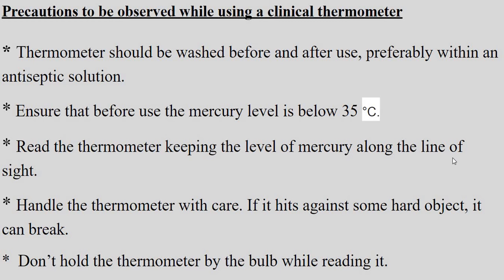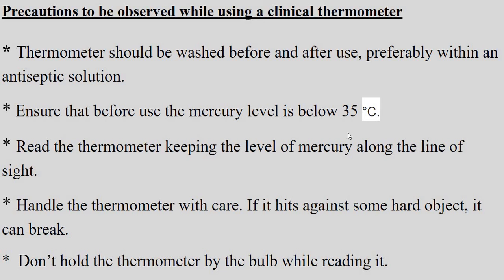And what are the precautions to be observed while using a clinical thermometer? First, the thermometer should be washed before and after use, preferably with an antiseptic solution. Before measuring your temperature, ensure that the mercury level is below 35 degrees Celsius.